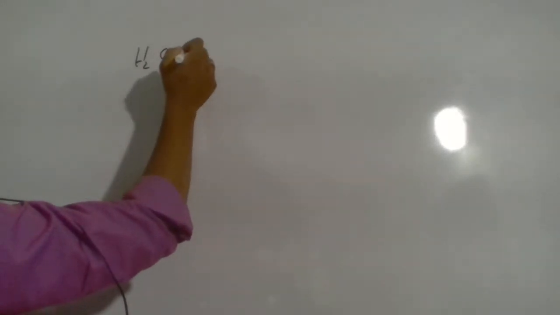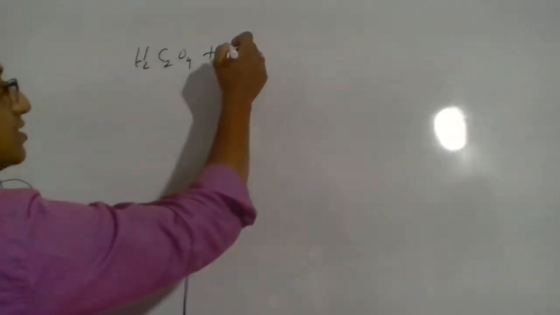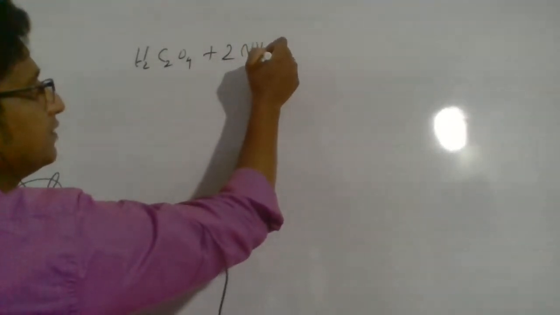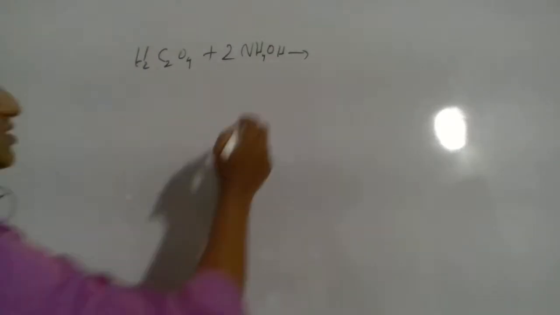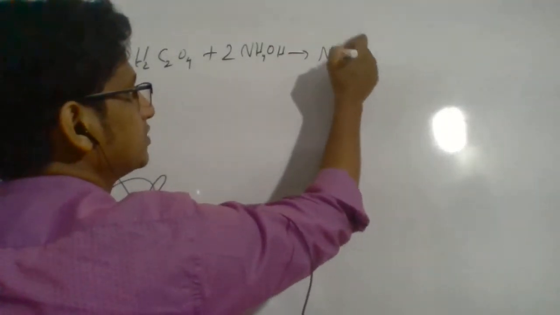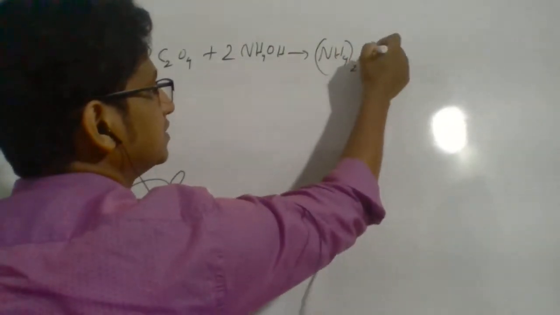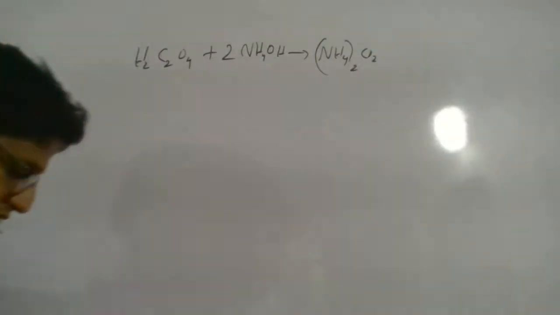Oxalate, C2O4, H2C2O4, that is oxalic acid for you. Oxalate is converted into oxalic acid in acid medium, and it reacts with ammonium hydroxide to form ammonium oxalate first, (NH4)2C2O4.